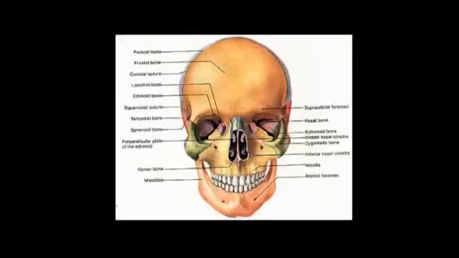It's important because it canalizes the amount of air that will pass from the environment inside your system. Then you have the bones which form your eye orbit. Everything of that belongs to your face.